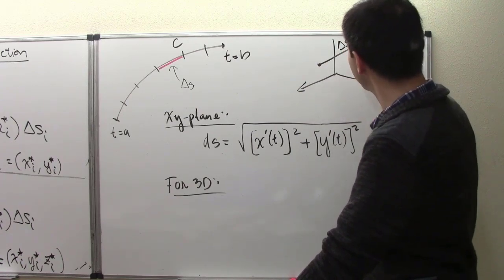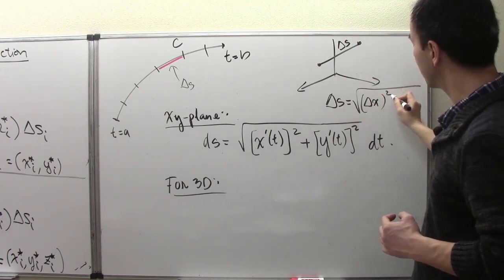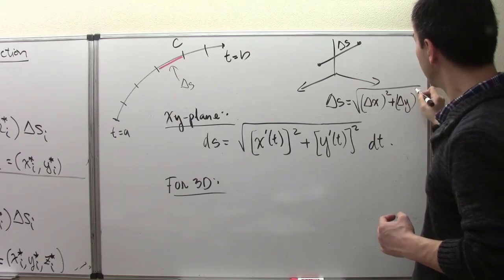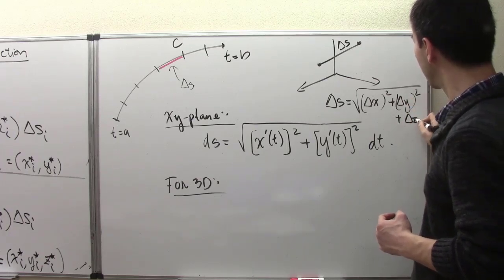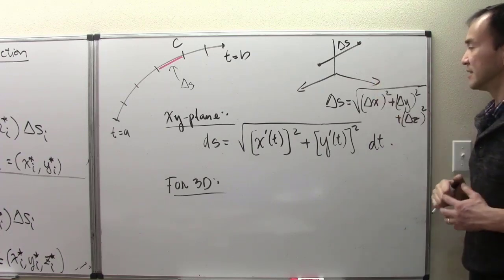It turns out that delta s equals the square root of delta x squared plus delta y squared, but additionally plus delta z squared, all inside the square root. That's what's happening in 3D space.